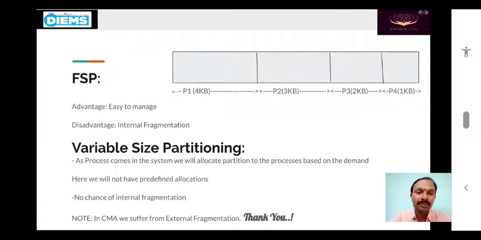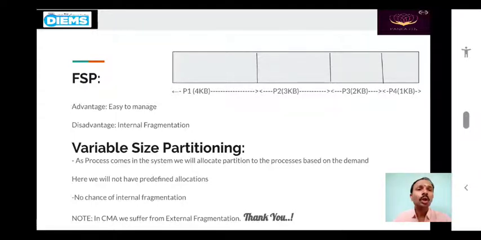So internal fragmentation is not happening, but guys, there is a chance that in the contiguous memory allocation scheme we suffer from external fragmentation. Now what is meant by external fragmentation? It means that when a process comes, we may need to connect one available block with another block, like a linked list. In a linked list we can have a huge amount of space, and there is never contiguous memory allocation.